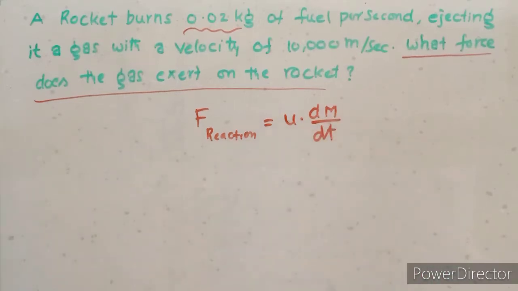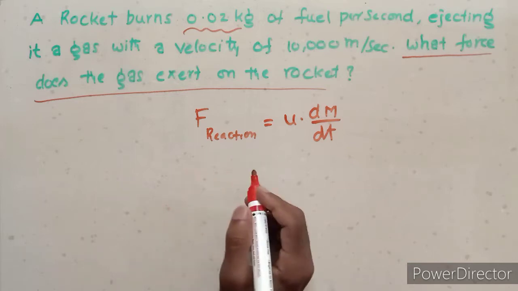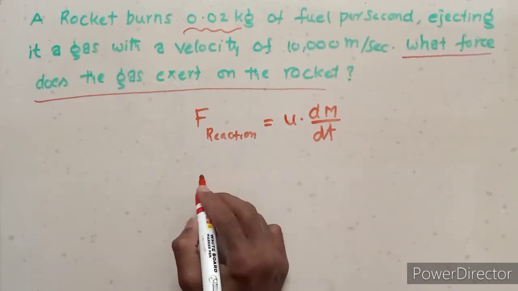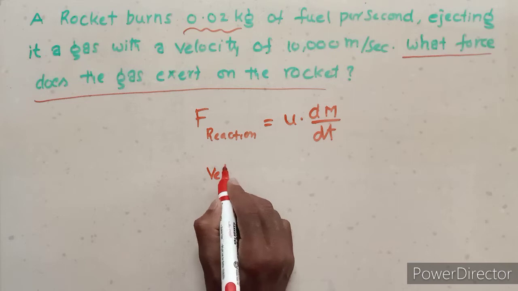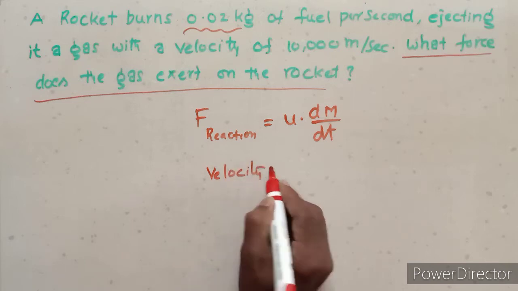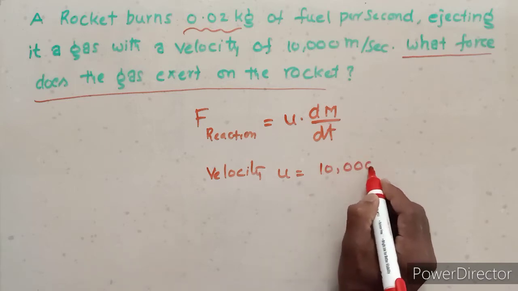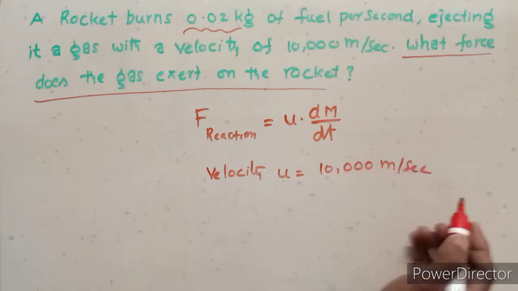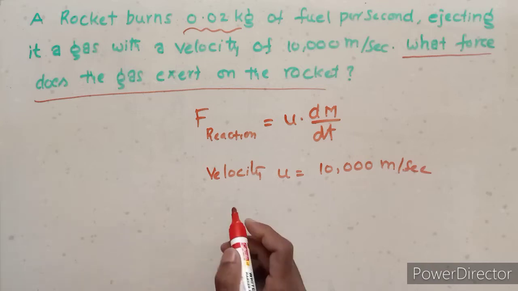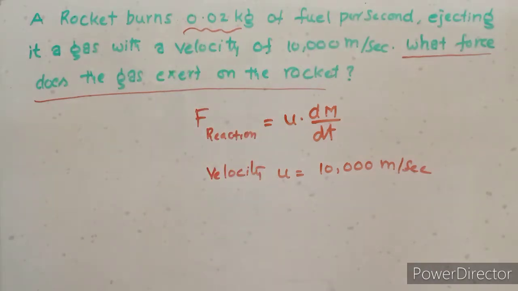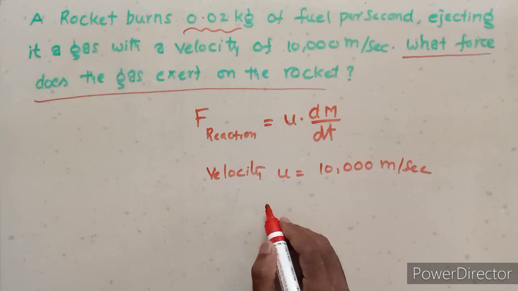Now, the given data: velocity U equals 10,000 meter per second, and a rocket burns 0.02 kg of fuel per second. That means that is the rate of change of mass.